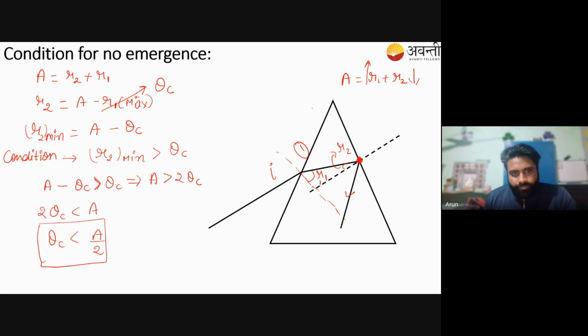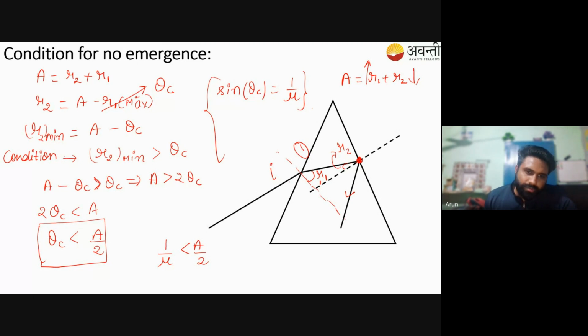And for more formula, you can see that sine theta c is equal to 1 upon mu, the refractive index of the material. So put the value 1 upon mu here. You have 1 upon mu is less than A by 2. If you reverse it, the inequality will reverse itself.